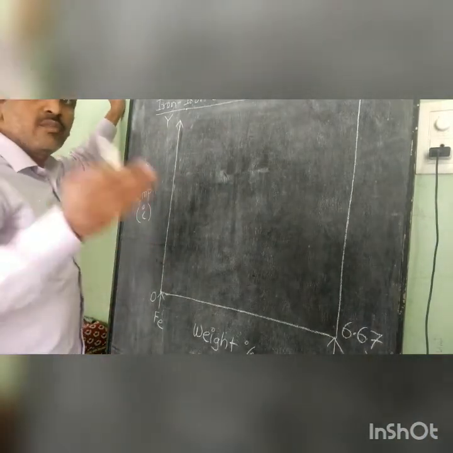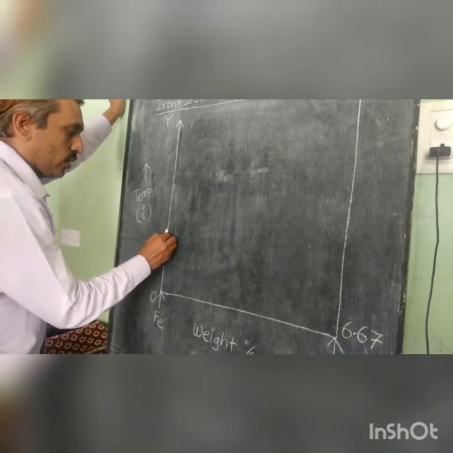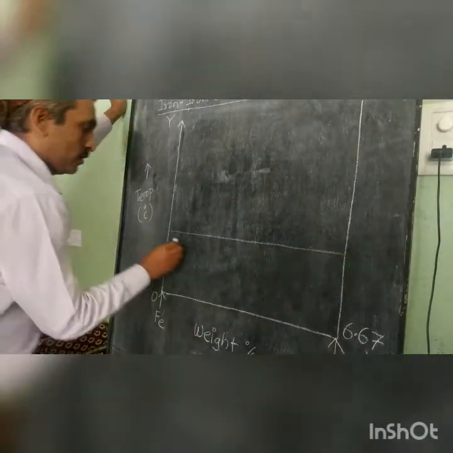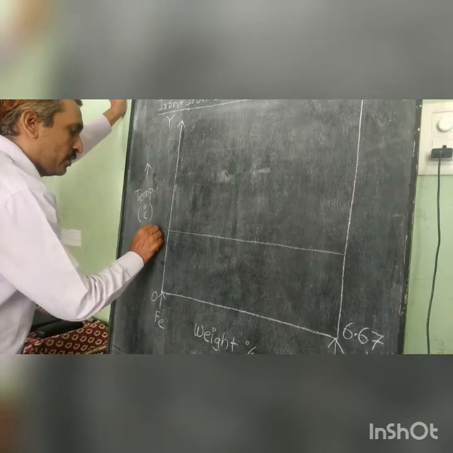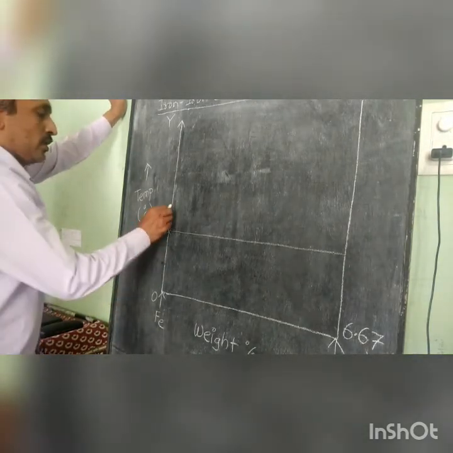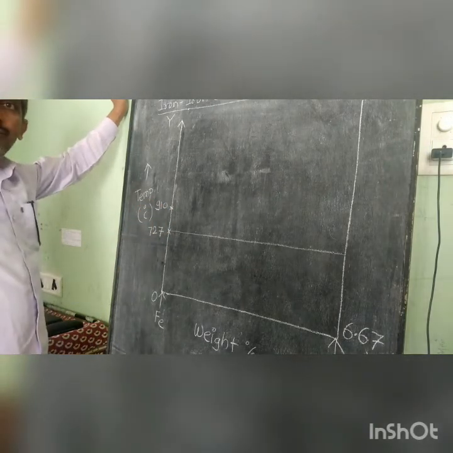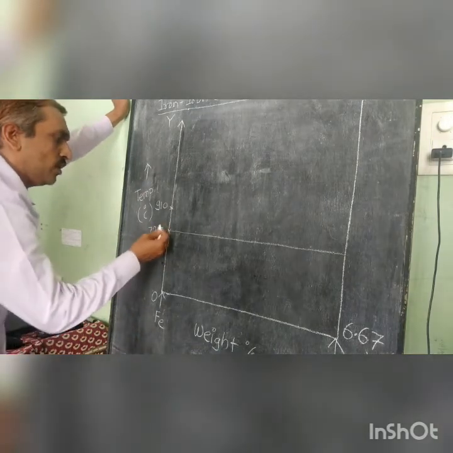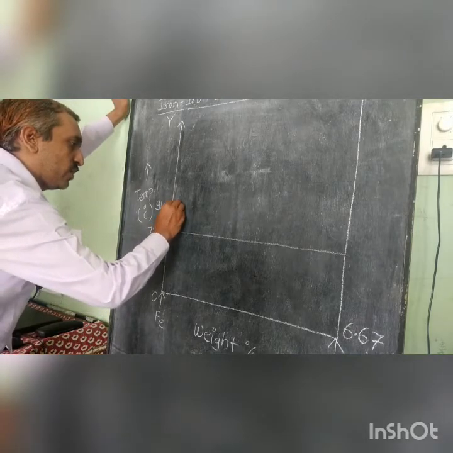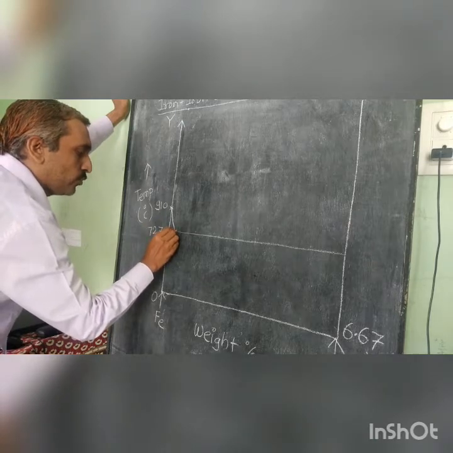Let us divide this diagram. First, the low temperature region. This temperature is 727 degrees Celsius. Another temperature is 910 degrees Celsius. This is a line we have drawn at 727. We start from 910 to 0.025 at 727 degrees Celsius.